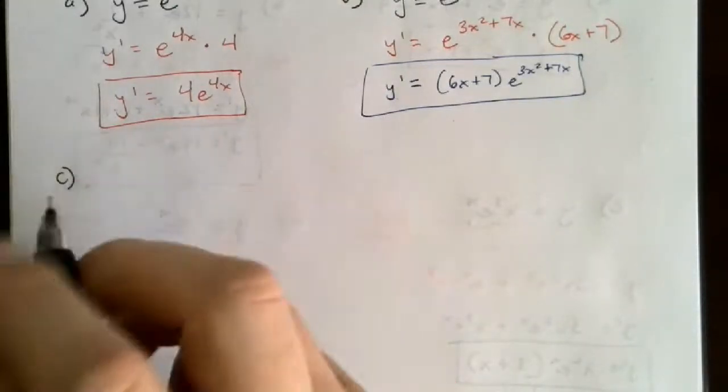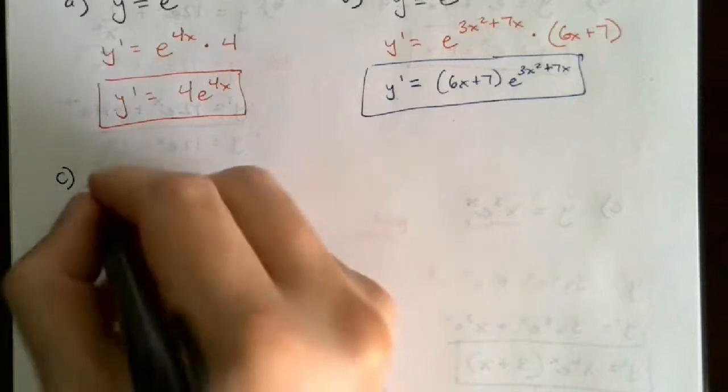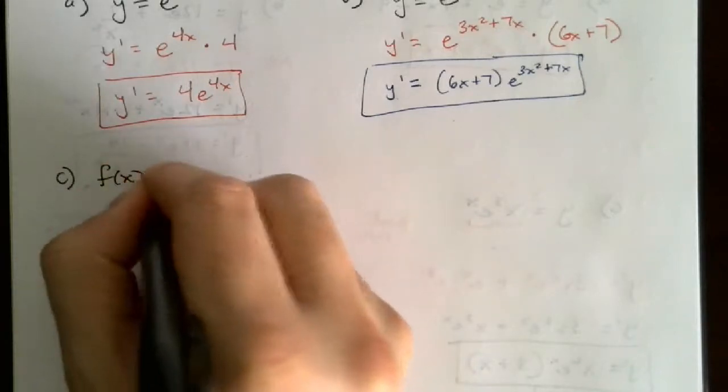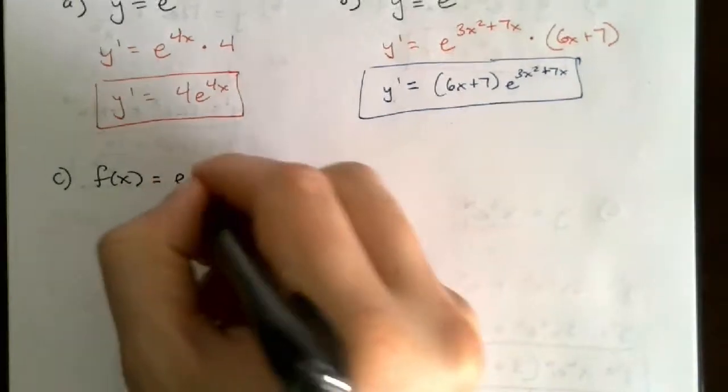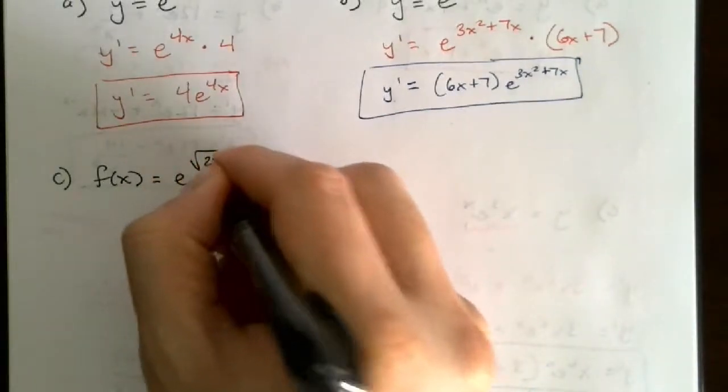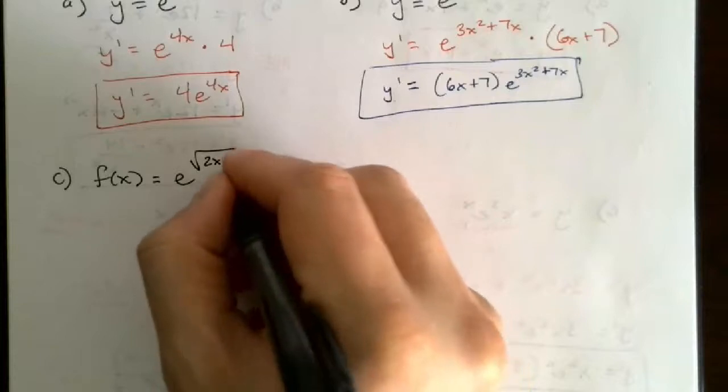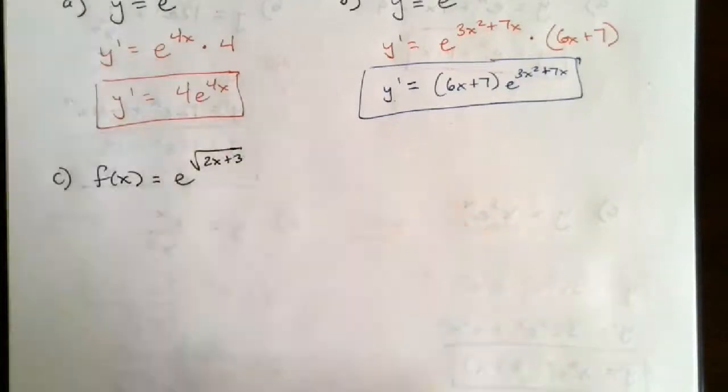If I said I had f of x equals e to the square root of 2x plus 3 power. In looking at this one, the first thing I want to do is rewrite this.